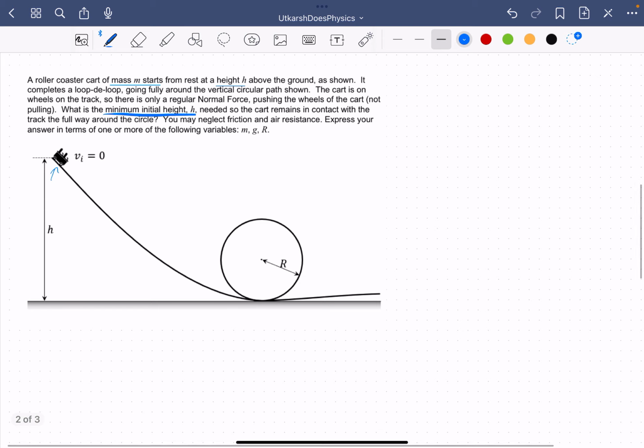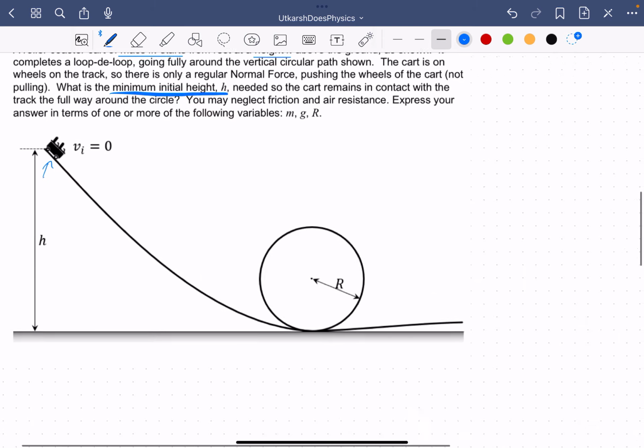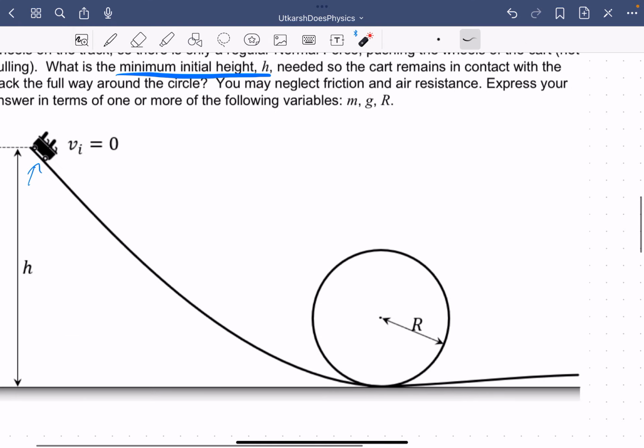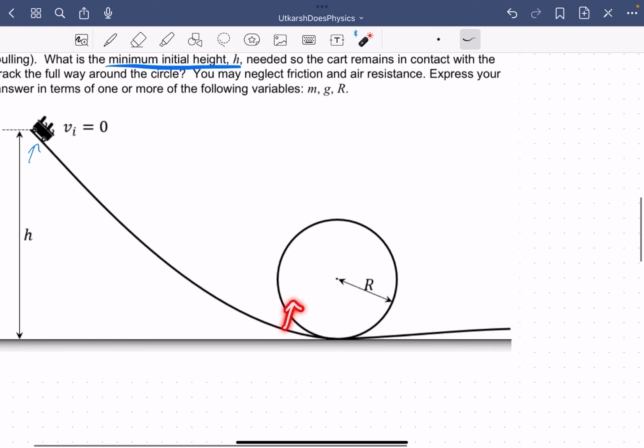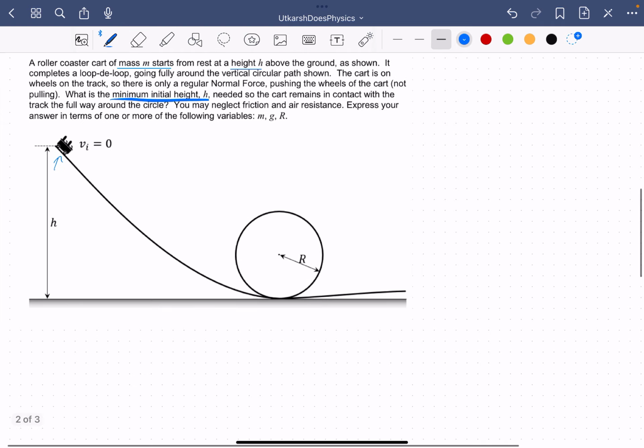So a way of thinking about it is that if the cart is always touching the track, there is always some normal force on the cart as it's going around the loop-the-loop. And as long as there's some normal force from the track on the cart, then we can say that the cart is always touching the track.